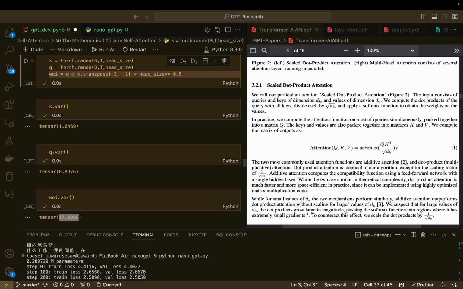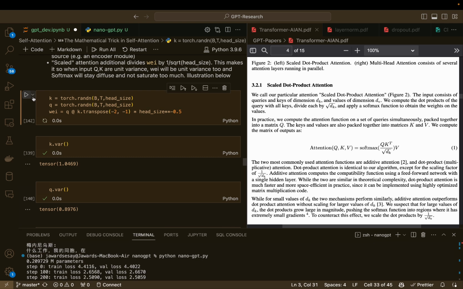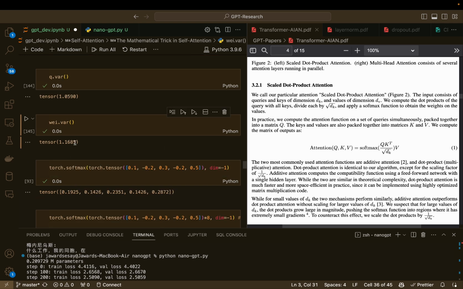It causes the weight to converge so that the variance value will converge to a particular value. For example, if we run this again, we can see here that wei will converge to 1. So this will be our variance.